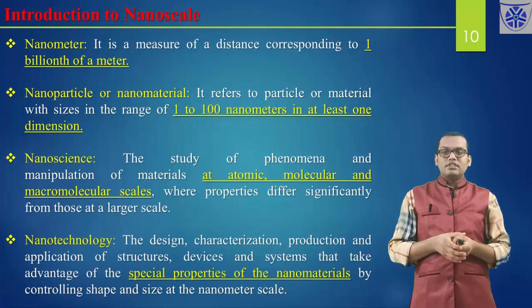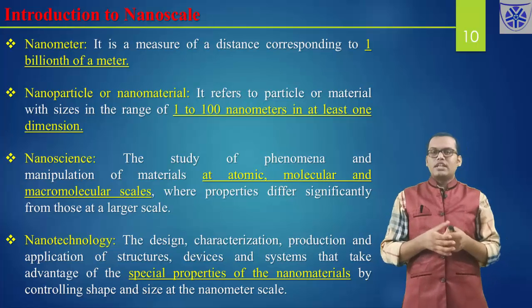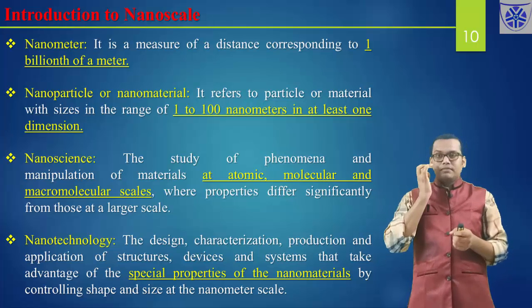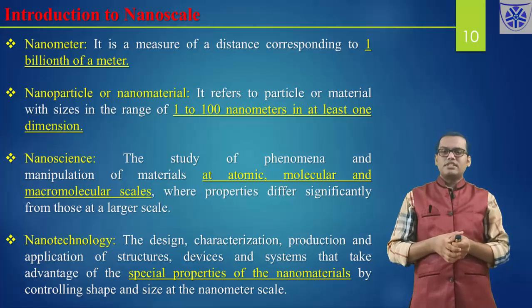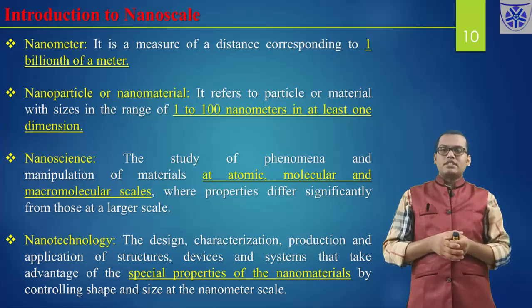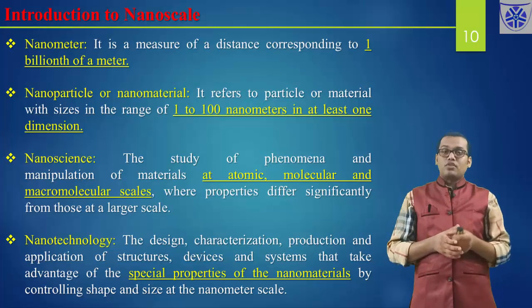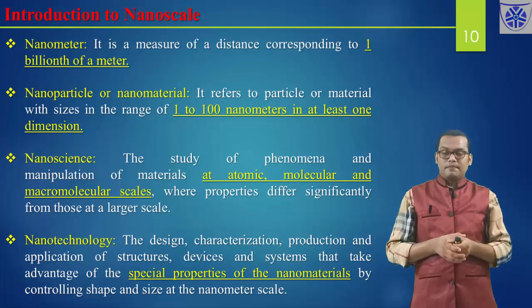Now what is nanotechnology? Nanotechnology is the design, characterization, production and application of structures, devices and systems that take advantage of the special properties of nanomaterials by controlling their shape and size at the nanometer scale. Right?